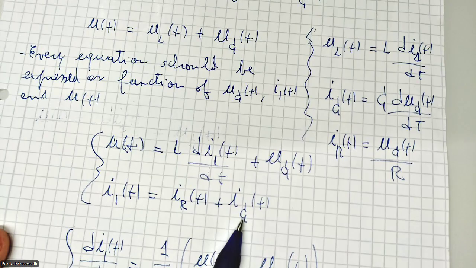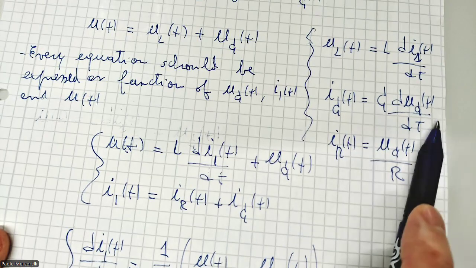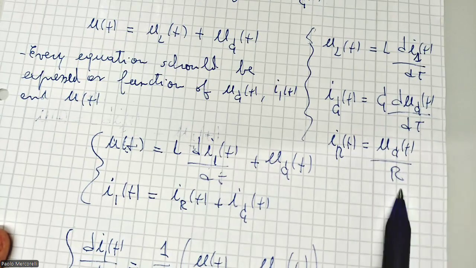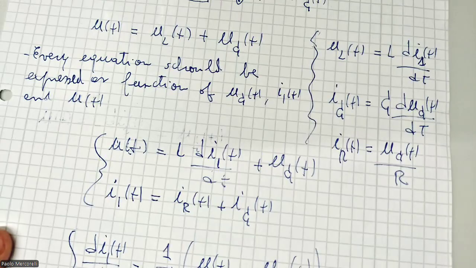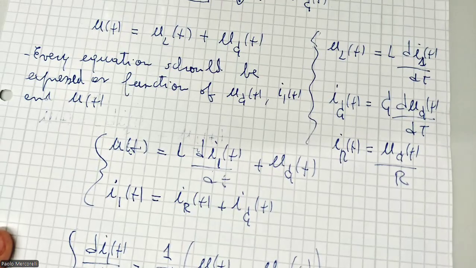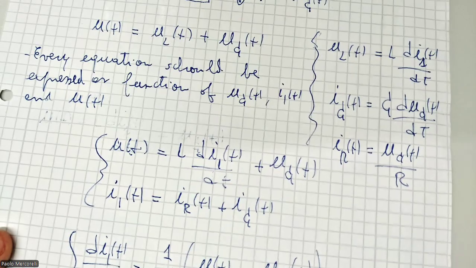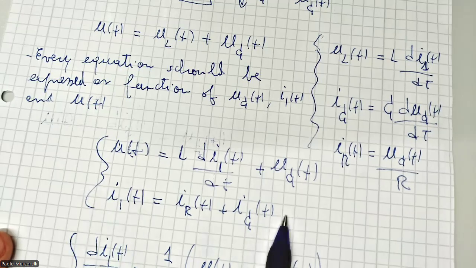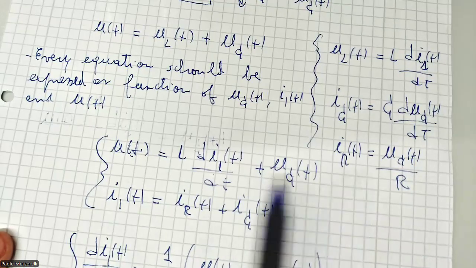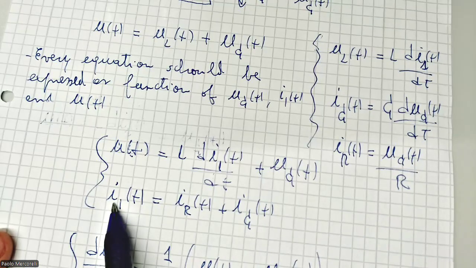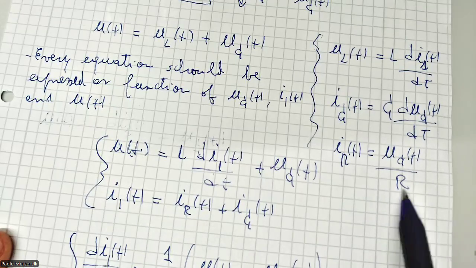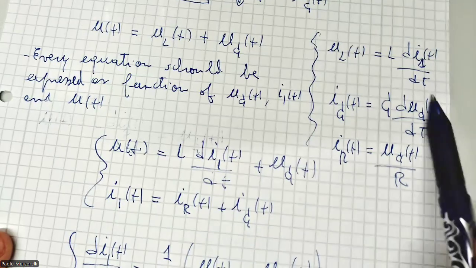IC is basically C multiplied by the derivative of UC with respect to dt, and IR is UC divided by R. Now here, in order to save time, I express directly in the system theory form this equation. Try to do it together with me. I1 I don't need to change because it's the state. IR I can express as a function of the state in this form here, UC divided by R. IC is exactly this one.